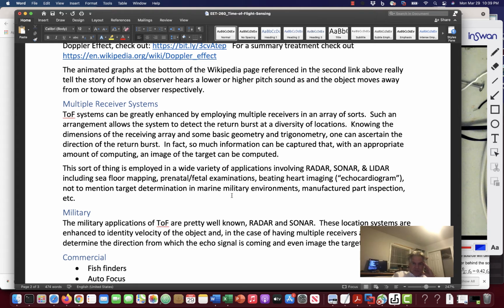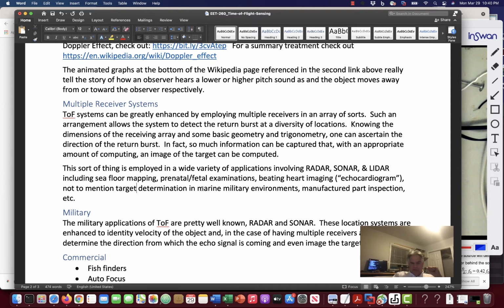So these radar systems, and the same kind of idea goes on to all these MRIs and PET scans and CAT scans. I mean, they use different techniques. They create the energy in different ways, but they all have multiple receivers and a ton of computing power to compute what the image is, and they can even do focusing in the computer.